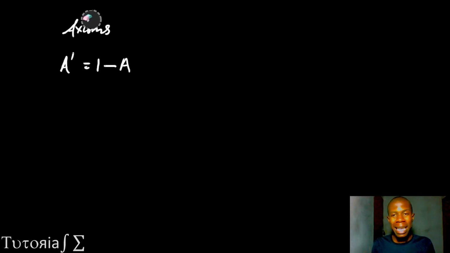The second basic fact is that when you get a set A complement and you intersect it with the set A, what will they have in common? Let's visualize this.